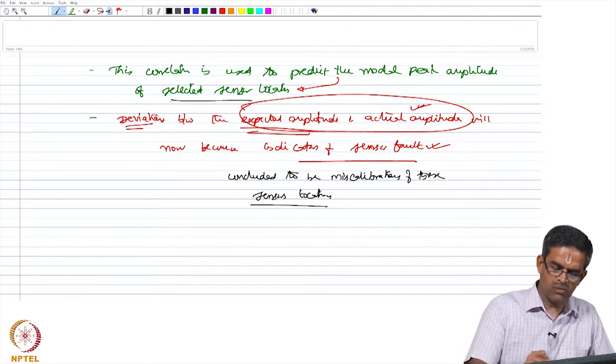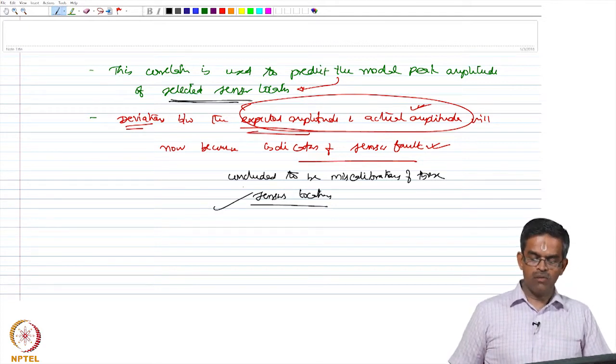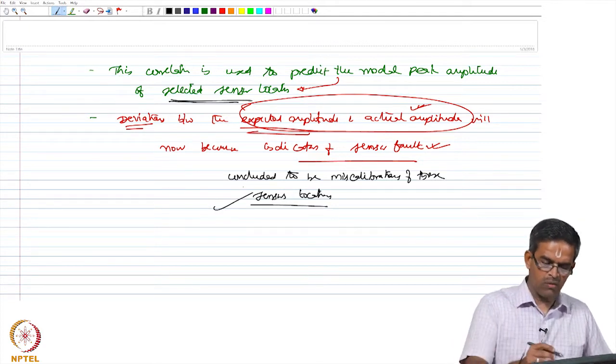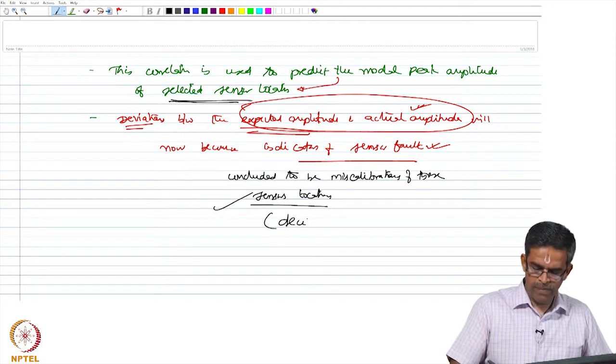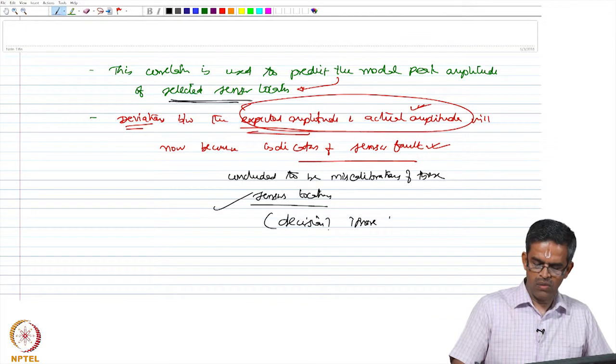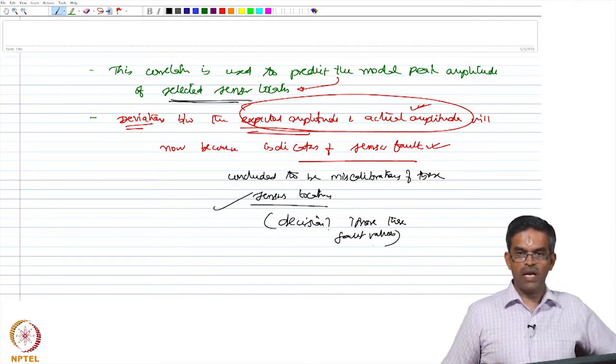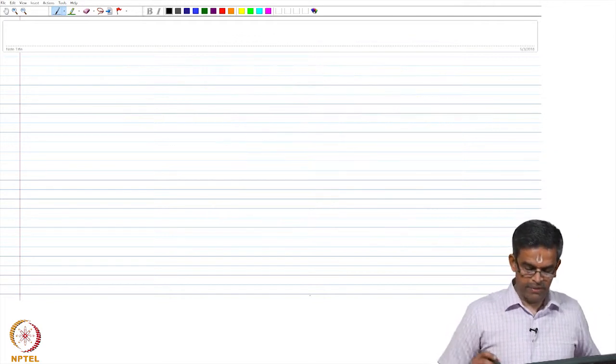Okay? So, in that case what will be the decision? The decision could be to ignore these fault values. Okay? That is why it is called analytical redundancy.